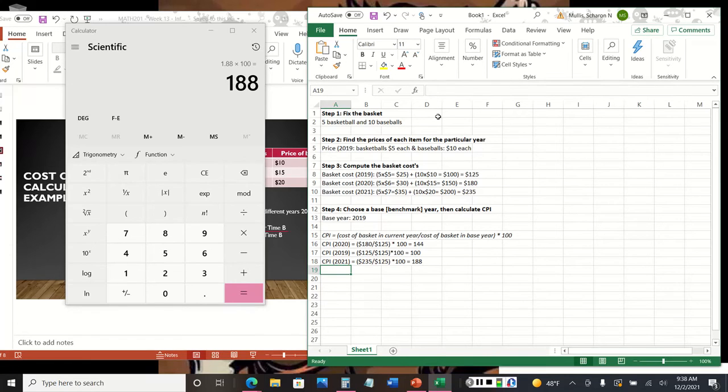We have 100 for the CPI for 2019. We have 144 for the CPI for 2020. And we have 188 for the CPI for 2021. All right, now that we have our CPIs, step five is to calculate the inflation rate.